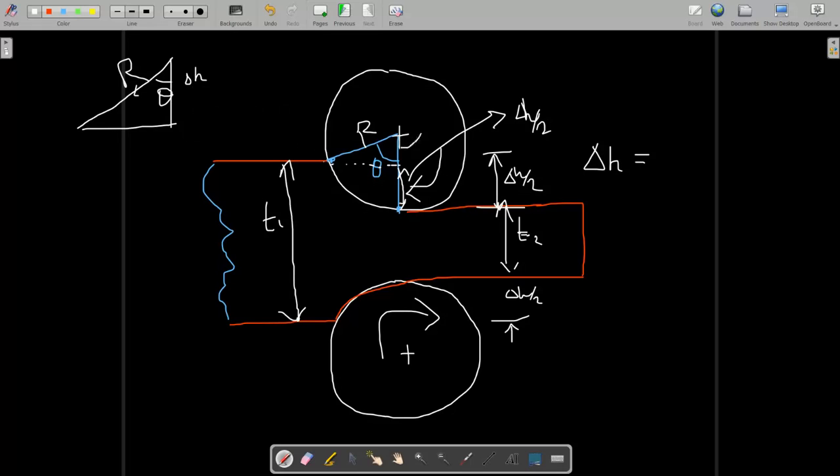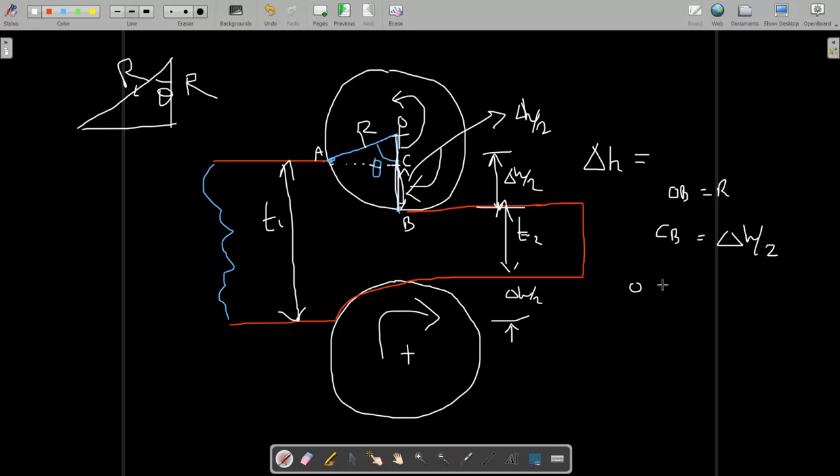So the remaining distance, what is it? Taking the total distance as O, A, B, C, OB is given as r because this is the radius, and CB we know is delta h by 2.